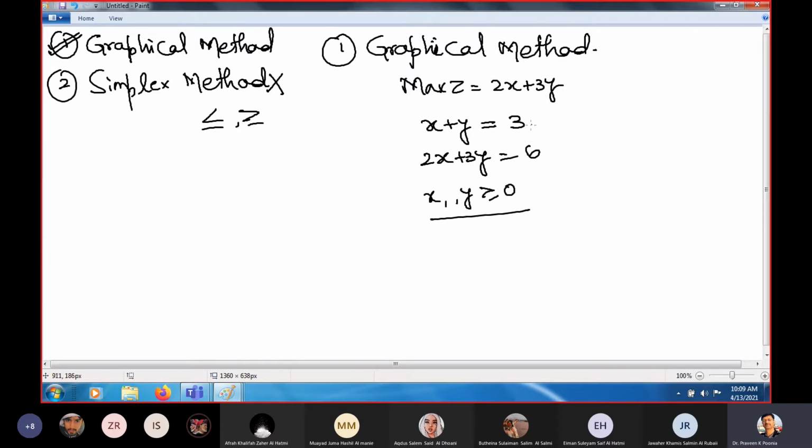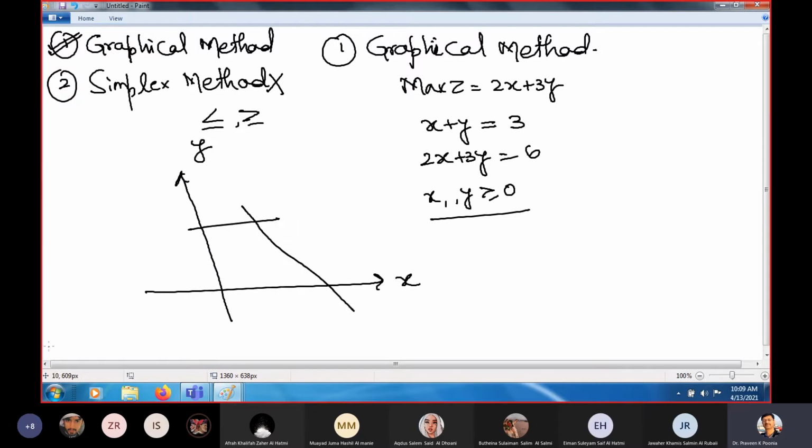These are non-negative restrictions. From here, what do we do? We find a region, like this is the region. If this is the region, then my dear friends, we make one line. Clear? And this line is called, if the question is for maximum, the iso profit line.